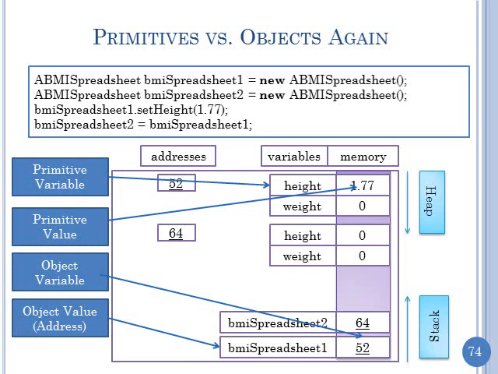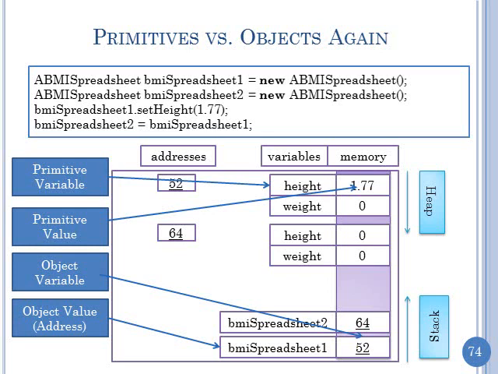So, I asked you last time, what's the difference between primitive variable and object variable, and primitive value and object value? And you said, well, an object value is typed by a type whose name begins with an uppercase. Okay? And that's sort of a nice conventional thing to do, but now you see that primitive values are not pointers, they're actual values. They fit in memory directly.